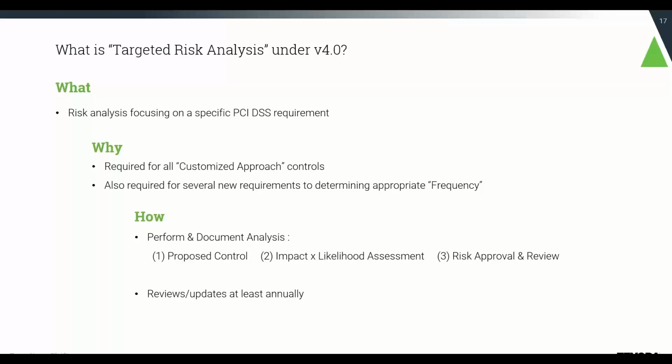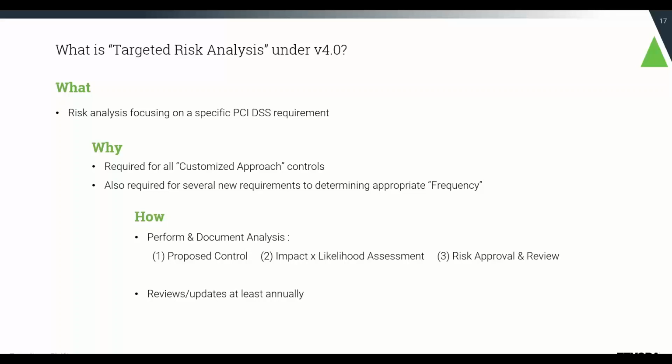And secondly, there are also several other new requirements, required in 2025, where you would have to conduct a targeted risk analysis to determine the appropriate frequency of certain controls, especially those occurring on a periodic basis. This may include how often you inspect point-of-sale devices, or how often you should train your incident response team, depending on the level of external threats you're facing from a security perspective.